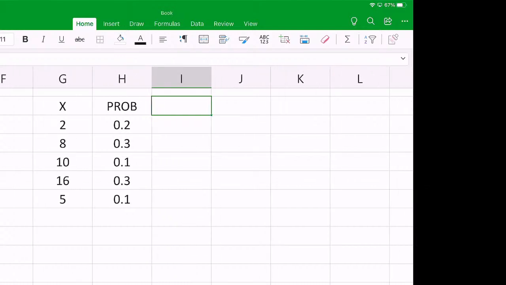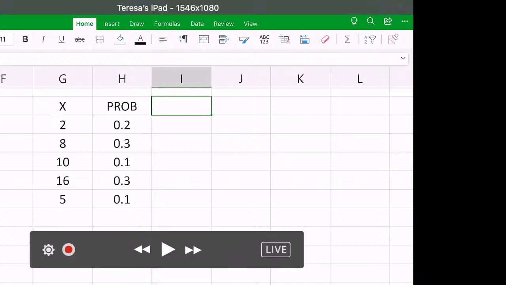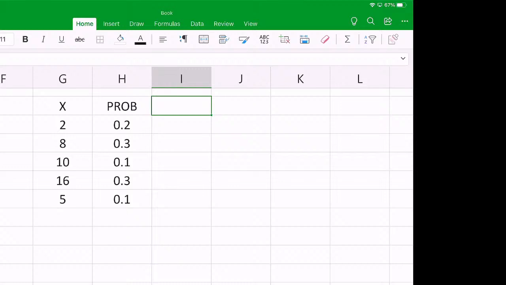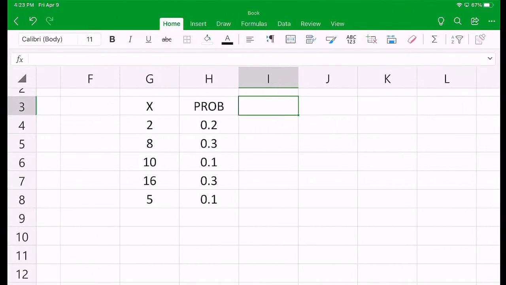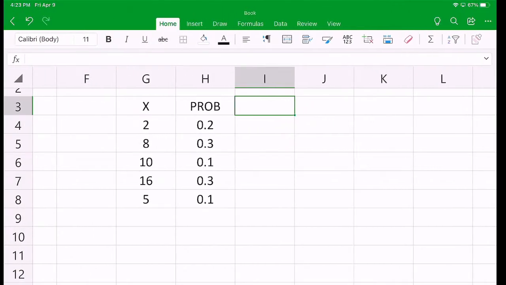Let's first compute the mean. Okay, so the mean.